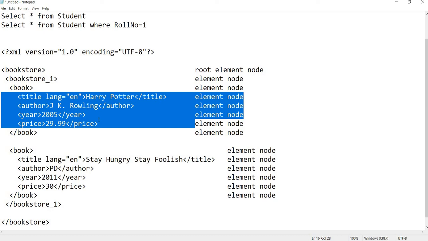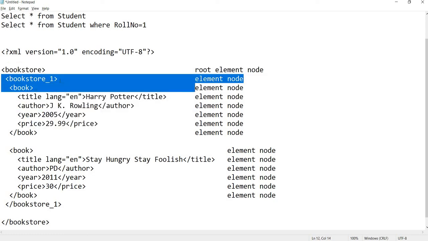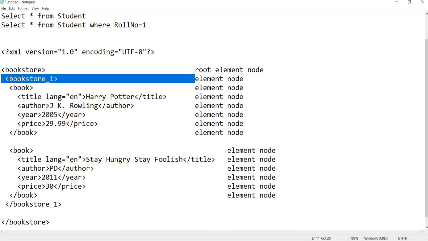The way in our daily lives also we observe these kinds of relationships. When I say my parents, it means my father, mother, right? So who is the father, mother of these four elements? The one which is containing these four. So book is a parent. And what is bookstore underscore 1 for these four elements, title, author, year, price?